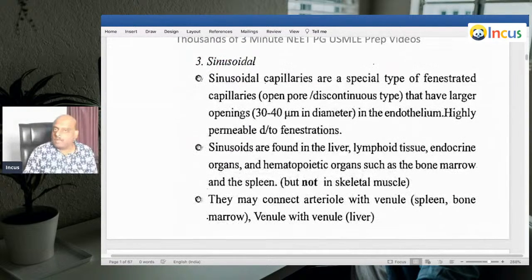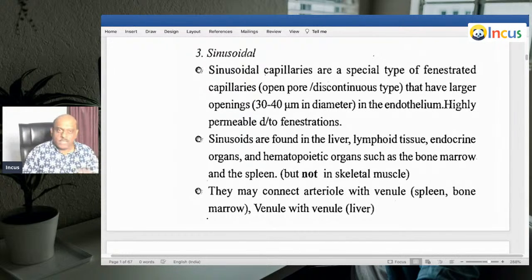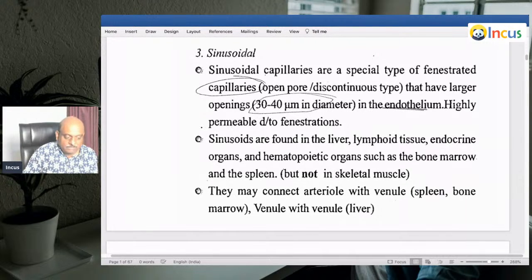Then you have the third type, which is called sinusoidal capillaries. They are a very special type of fenestrated capillaries. They have large openings in the endothelium and are highly permeable. So where do you find sinusoidal capillaries? It is a favorite MCQ of the examiner.